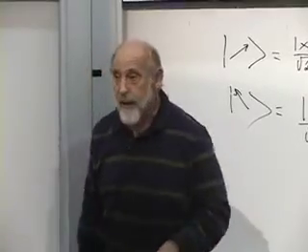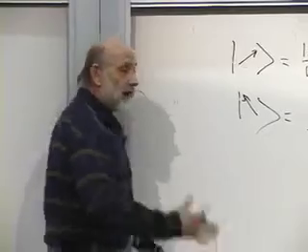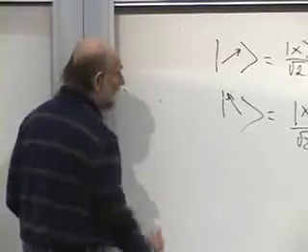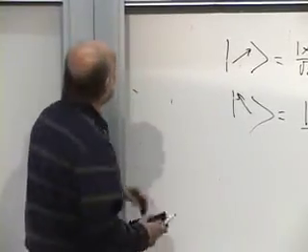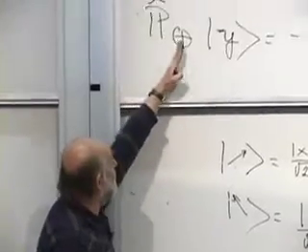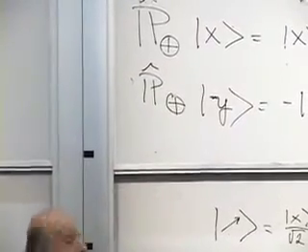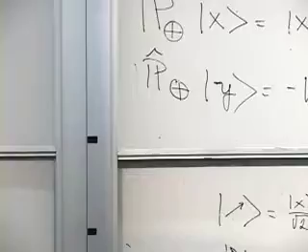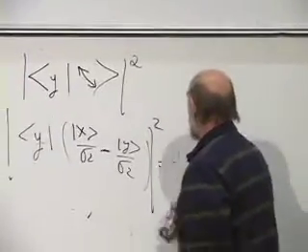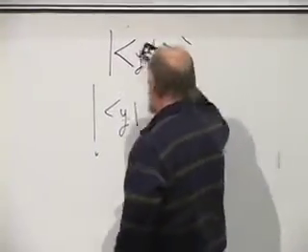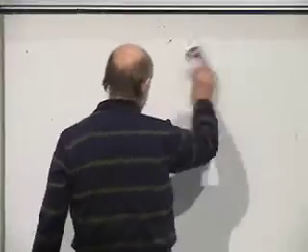Can we make an operator for which this is an eigenstate with eigenvalue +1 and this an eigenstate with eigenvalue -1? Here's the polarization operator for the xy plane. Now we want to find the polarization operator for the 45-degree directions.